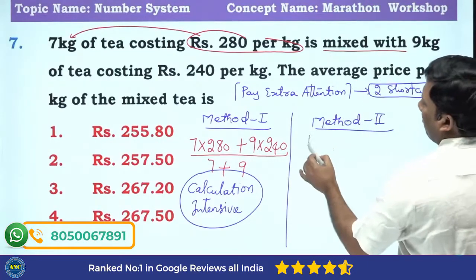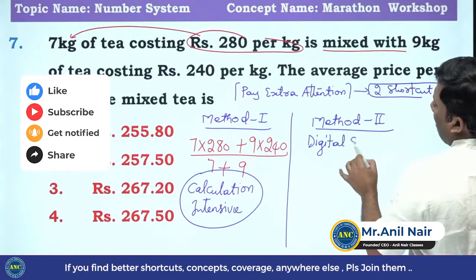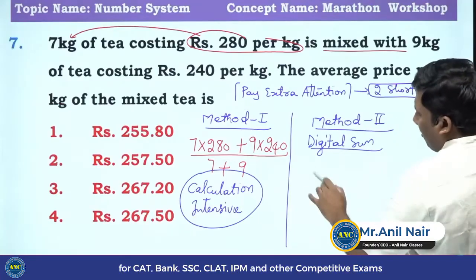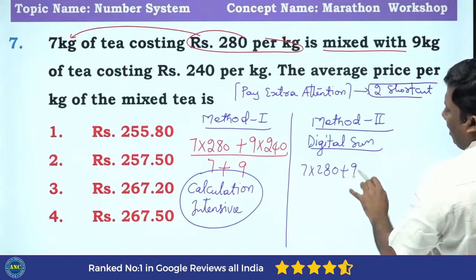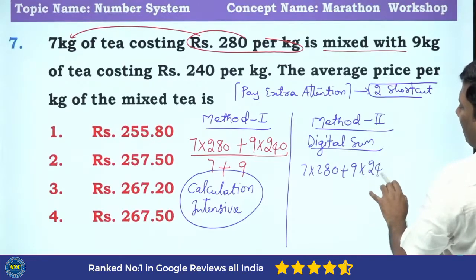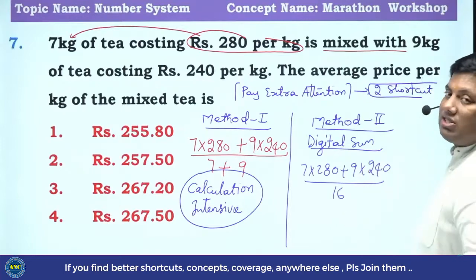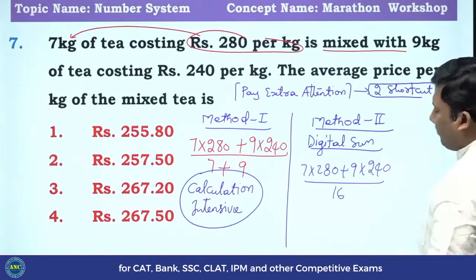Now see here. By using the digital sum approach, I will tell you another beautiful Anil Nair's way of solving. Digital sum approach: 7 into 280 plus 9 into 240 divided by 7 plus 9, which is 16. 16 digital sum is 7.